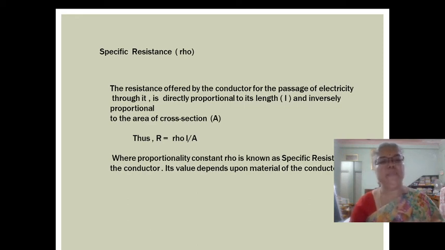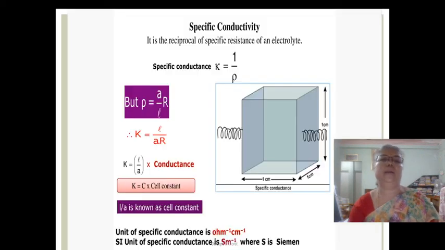Then specific resistance. Here the resistance offered by any conductor for the passage of electricity is directly proportional to length L and inversely proportional to cross-sectional area A, that is R is proportional to L by A, and R is equal to rho into L by A, where rho is the specific resistance, and its value depends on the material of the conductor.